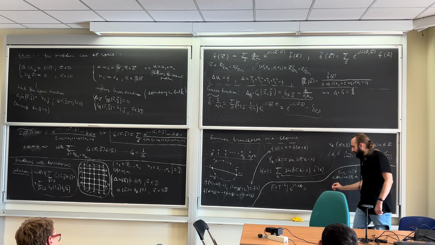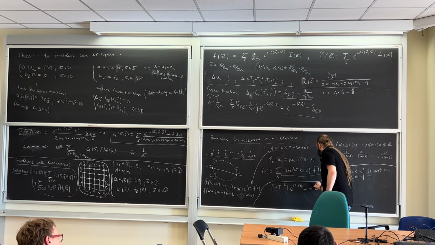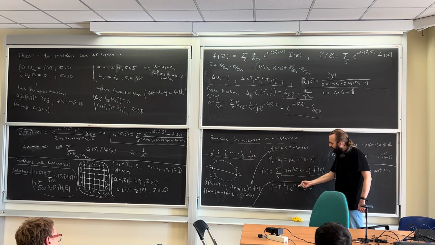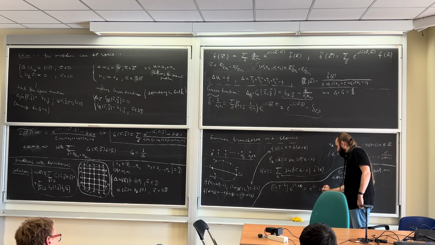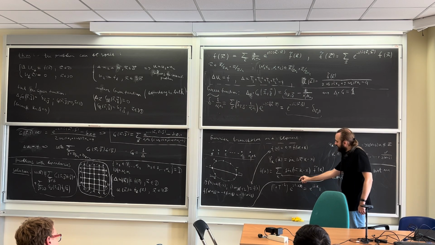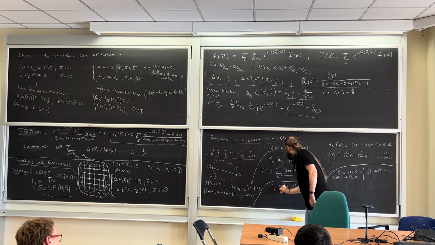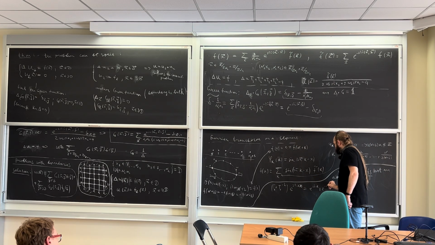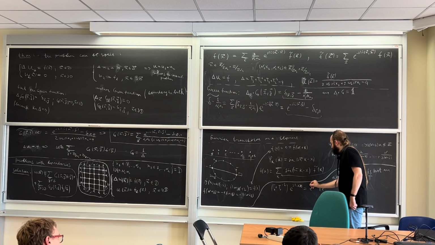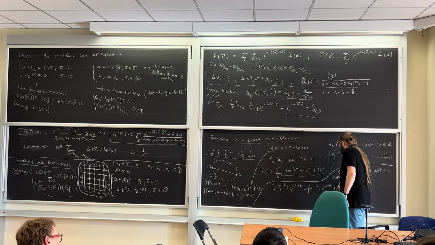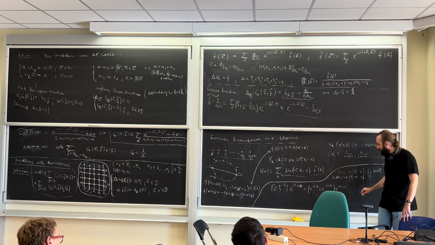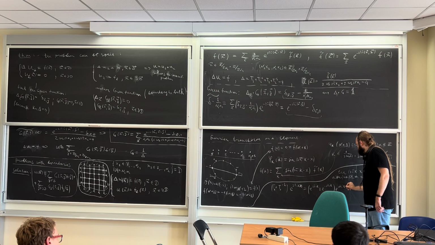It is e to the 2 pi i k times (x plus 1) plus e to the 2 pi i k times (x minus 1). If we pull the constant factors outside the function, we get e to the 2 pi i k plus e to the minus 2 pi i k, times e to the 2 pi i kx.